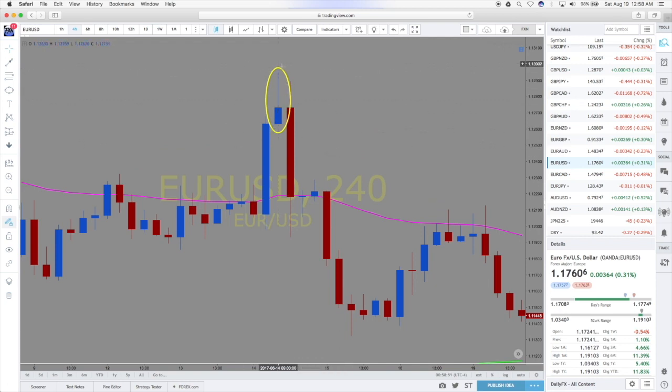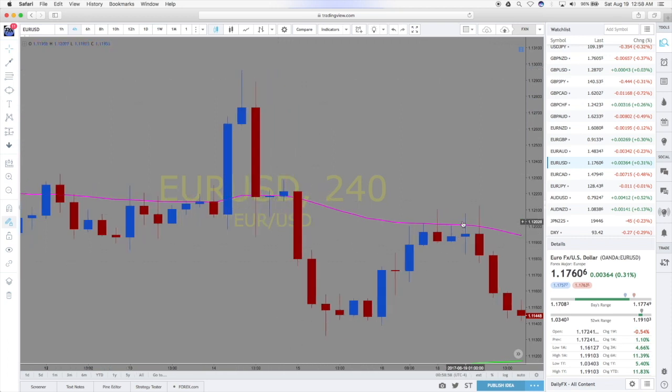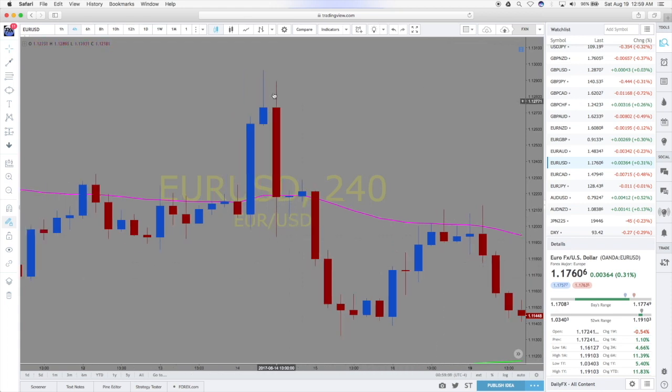Again, every candlestick tells a story. The indecision candle basically tells you that there's indecision in the market, right? Pin bars like this tell you what?